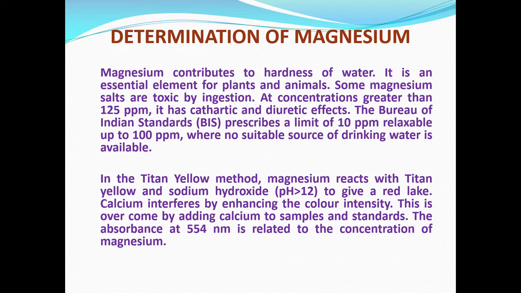Of course, we should expect that, as alkali and alkaline earth metals, all those metals will interfere. So, in the determination of calcium, magnesium will interfere, and in the determination of magnesium, calcium interferes. Calcium interference is recorded by enhancement in the absorbance. This is overcome by adding calcium. We can add calcium itself to the standards, and the lake absorbance maximum is at 554 nm, which is related to the concentration of magnesium.